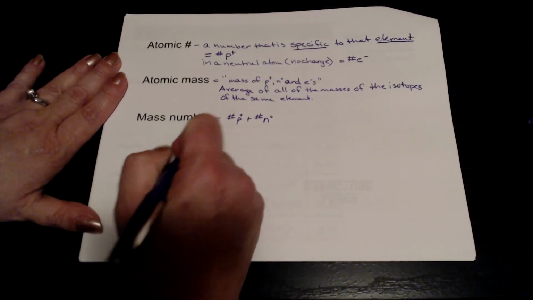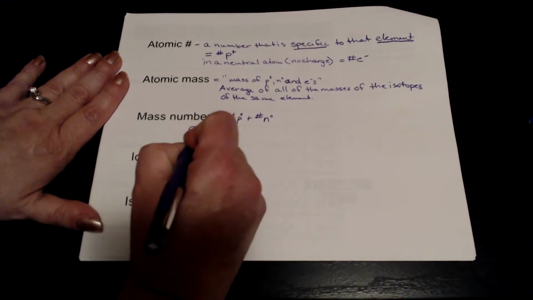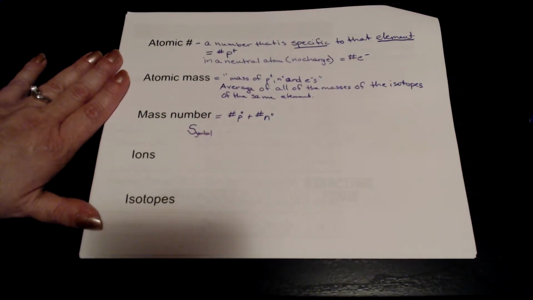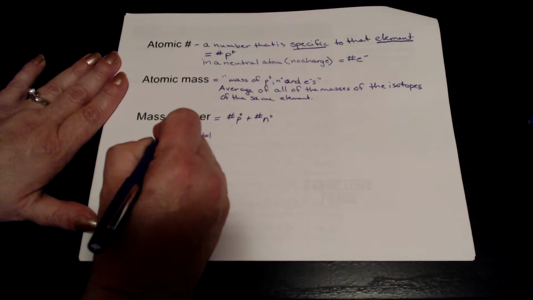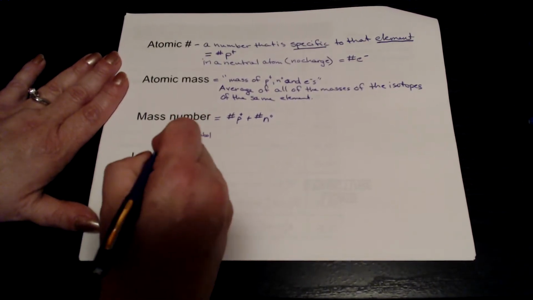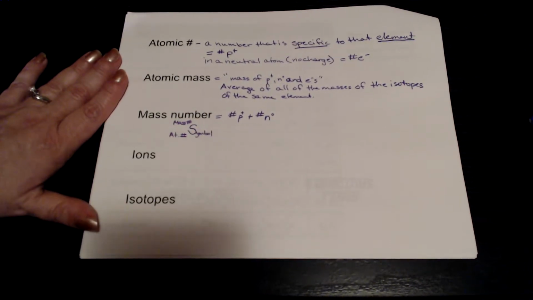If you're not given the mass number in a formula, so for example, we'll use S as a symbol there, just meaning symbol, you're usually given the mass number up here and the atomic number down here.